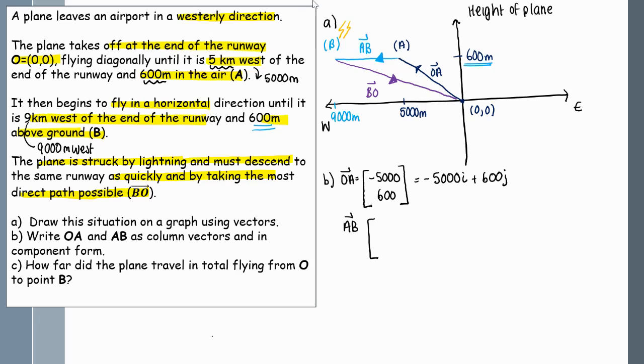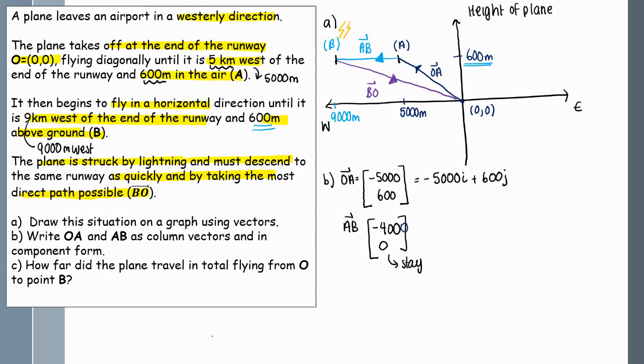Find vector AB. Well, again, we're thinking of what I have to move to go from point A to point B. So to go from 5,000 meters west to 9,000 meters west, I would have to move 4,000 meters.